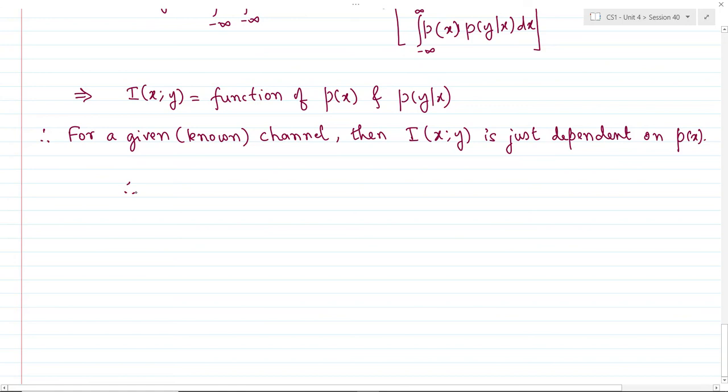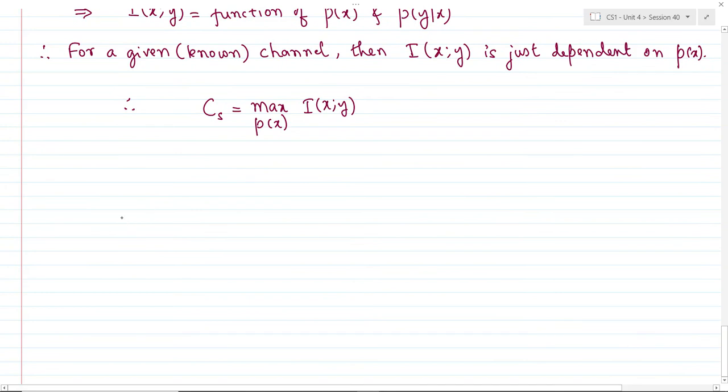So therefore the channel capacity CS can now be written as maximizing the average amount of information that is transmitted over the noisy channel for a certain PDF. Okay, so this is per symbol. The symbol channel capacity can be represented as per symbol.